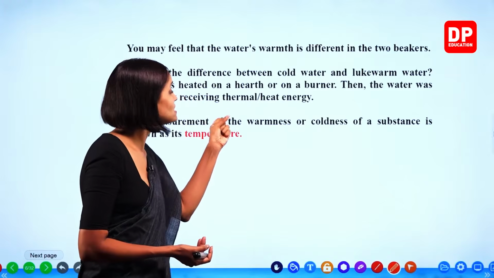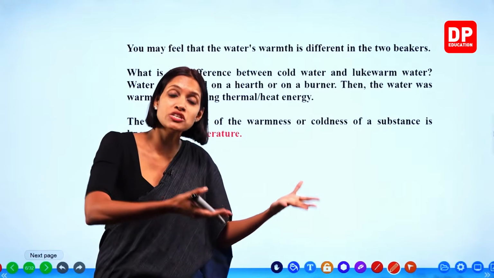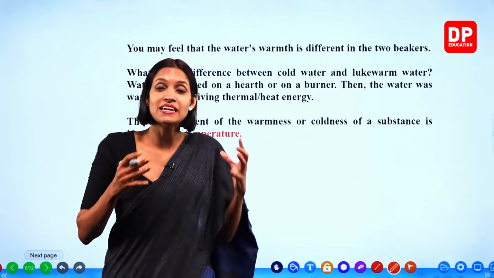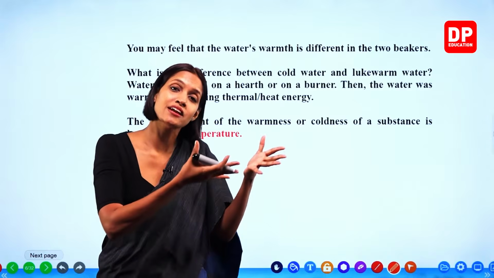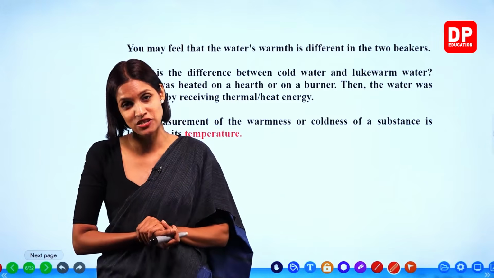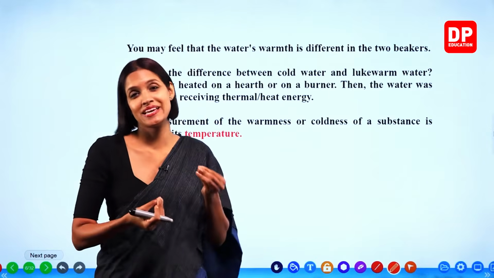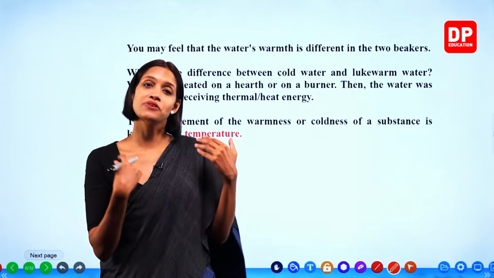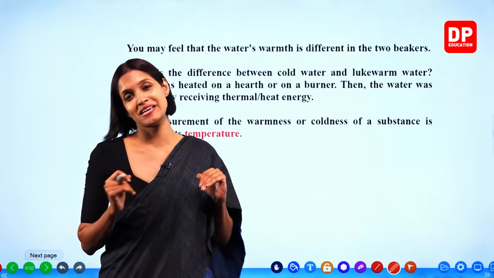So how much heat energy is contained in a certain object is measured by using the measurement called temperature. Heat is the type of energy contained in a certain object. That heat can be measured using temperature. So we don't say measure the heat, we say measure the temperature, right? But we can get an idea of the amount of heat present in a certain object by measuring its temperature.